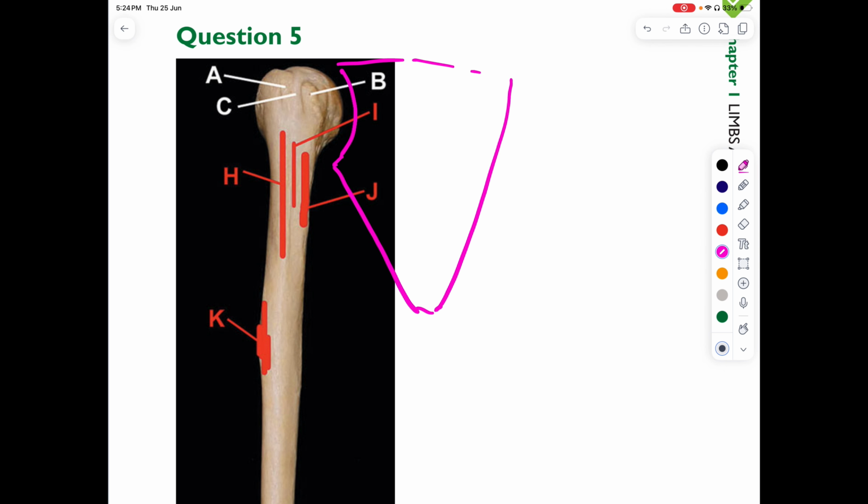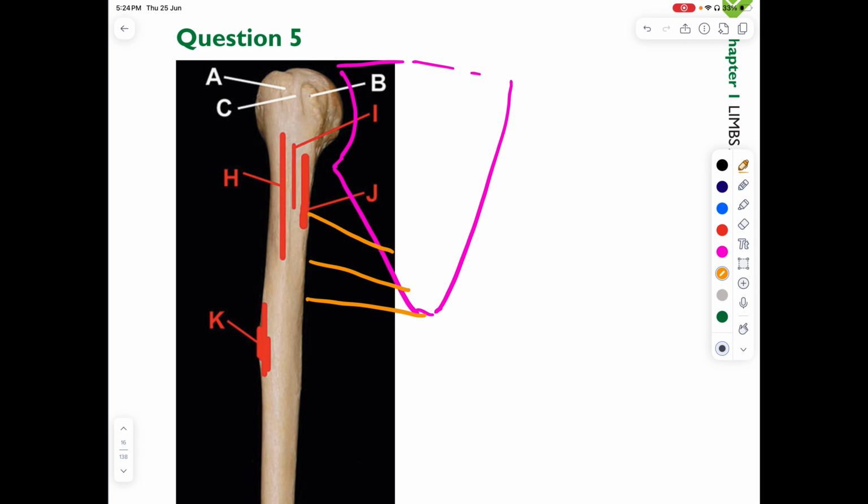Now this is teres major and teres minor. Minor is above, major is here, and you get the long head of triceps like this. So there is one space which is formed, that is the quadrangular space and the triangular space.